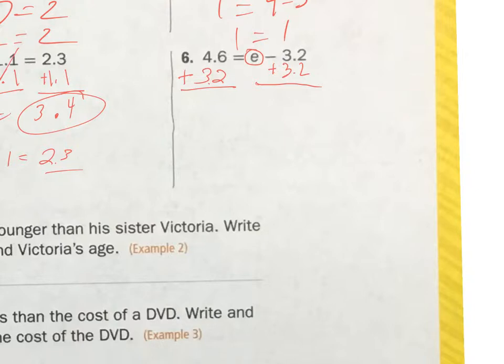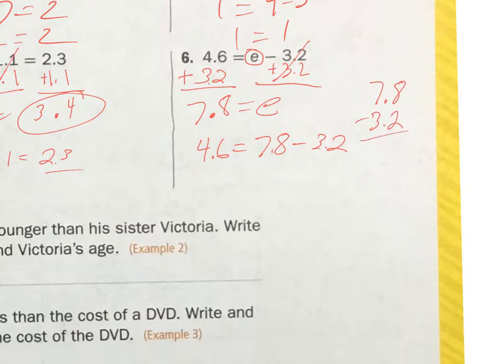So I add these, I get 7.72, equals e, and these cancel each other out. Now I'm going to put it in. 4.6 equals e, we said was 7.8 minus 3.2. Let's come over here. 7.8 minus 3.2. That gets me 6. Decimal falls down. 4. 4.6, which is the same as that. So we are good. Good to go.